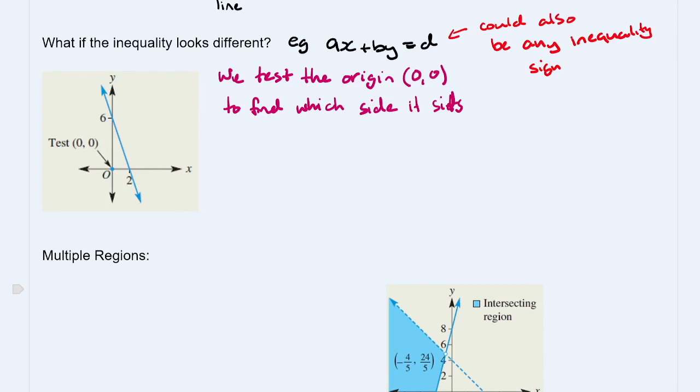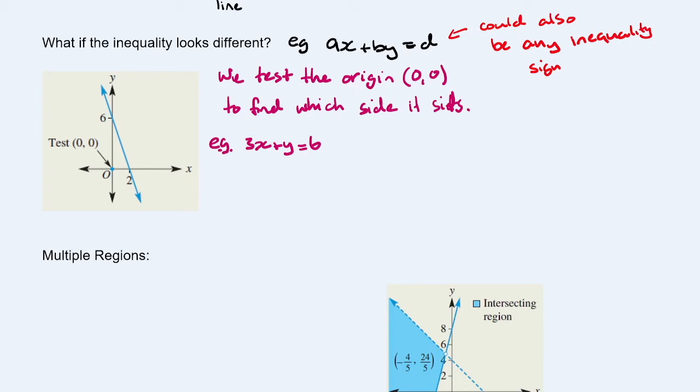But we can also work it out. We've got the equation 3x plus y equals 6.